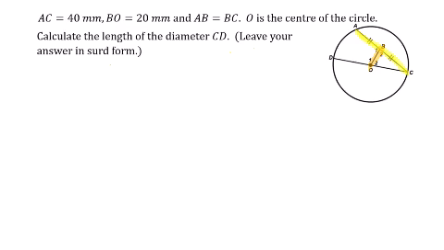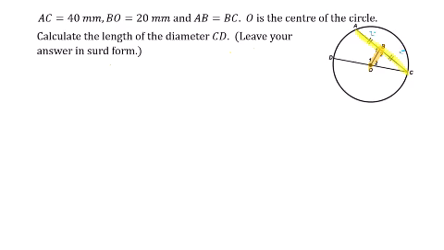This means the line at the point B is dividing AC into equal halves, which means AB is equal to BC. If AC is 40 centimeters, then AB is 20 centimeters and BC is also 20 centimeters.